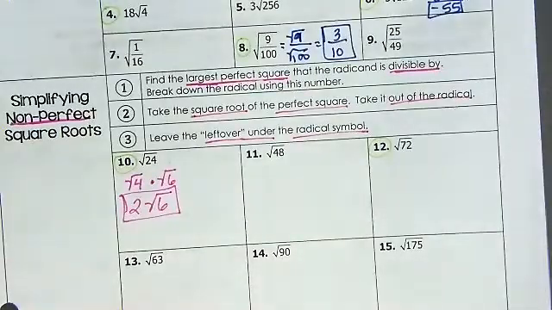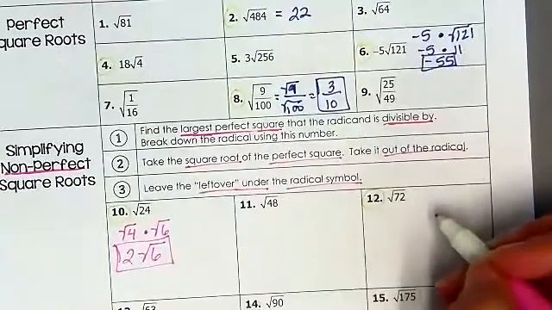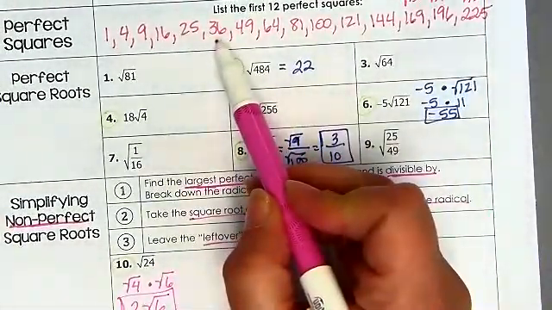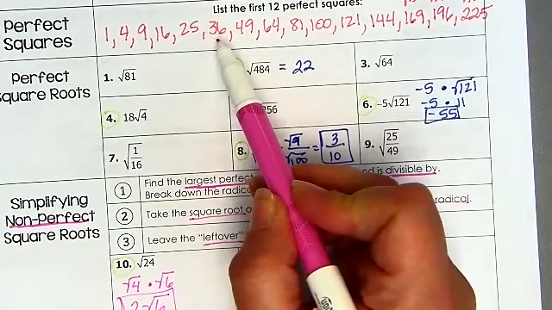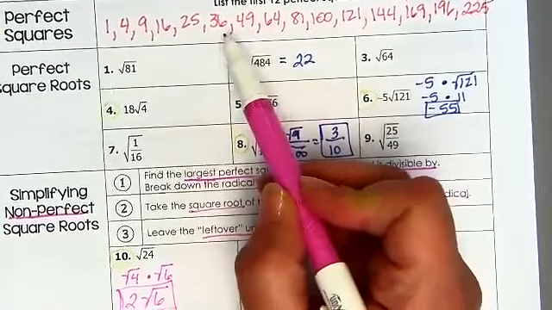All right, let's do a couple more of those. So number 12. Okay, so I'm going to think, well, 72, if you divide it by 2, is going to be 36. 36 is a perfect square. I don't think it can be any bigger. 49 doesn't go into it. 64 is not going to. So it's got to be 36 and 2.